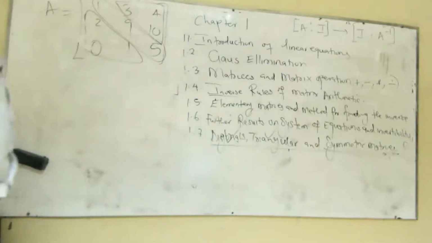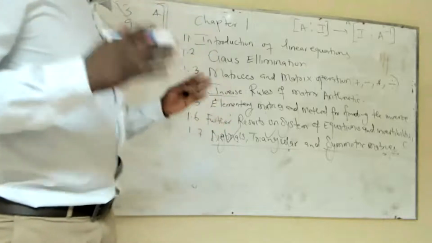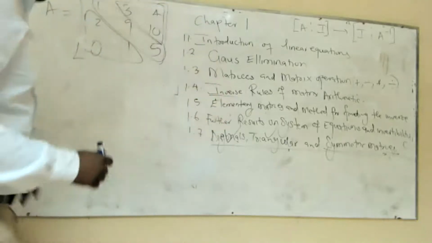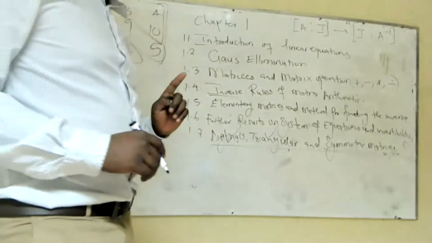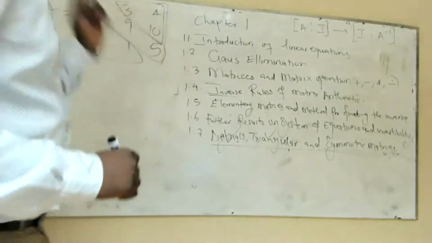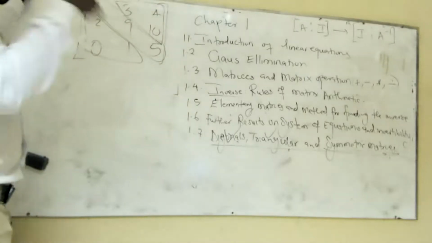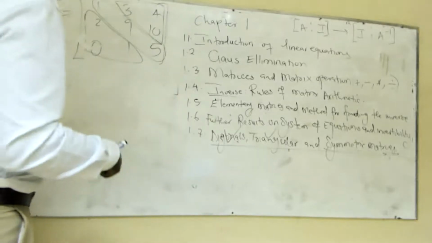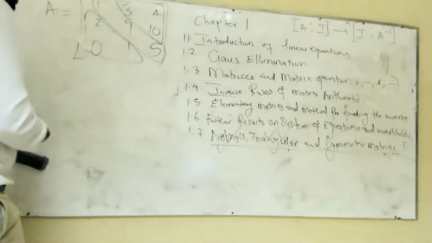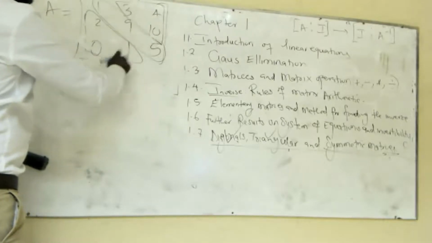The symmetric matrix is a very important concept, but a very simple one which you must understand. So we are going to talk about something called the transpose. The transpose is when we change the rows to be columns or the columns to be rows. I will give an example with the matrix we have here: 1, 3, 4, 2, 9, 10, 0, 1, 5.